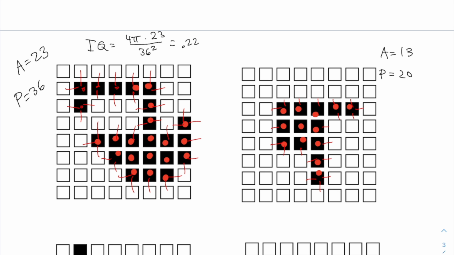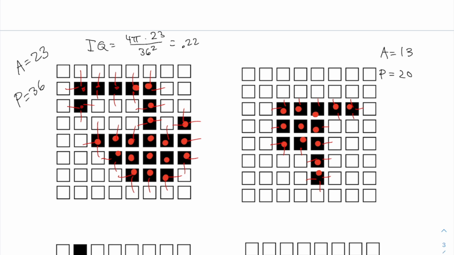13 and 20 when I did that first one there. I hope you did too. So you would do the ones that are connected. It's on the outside of the shape.